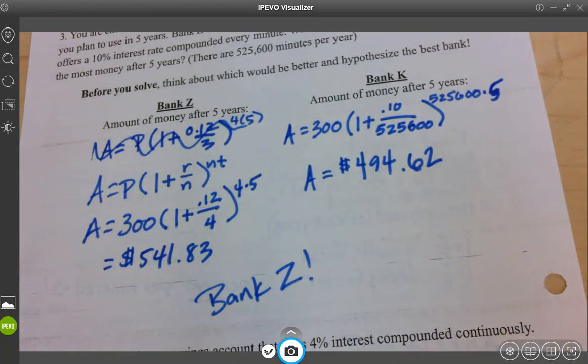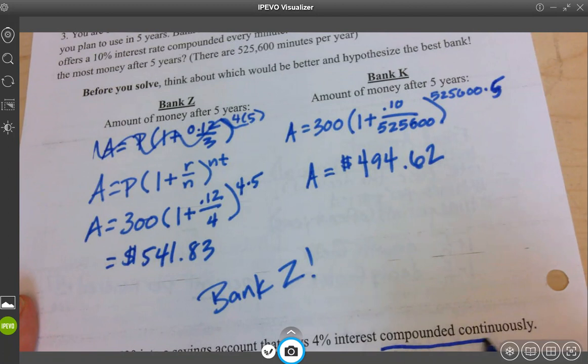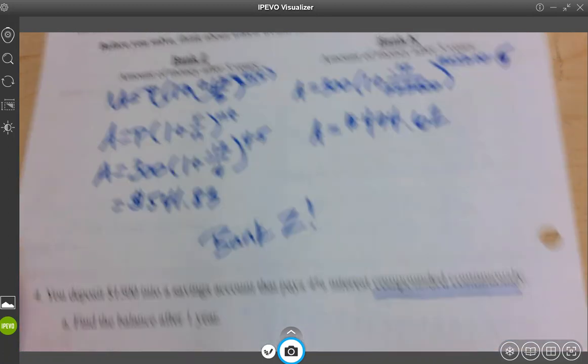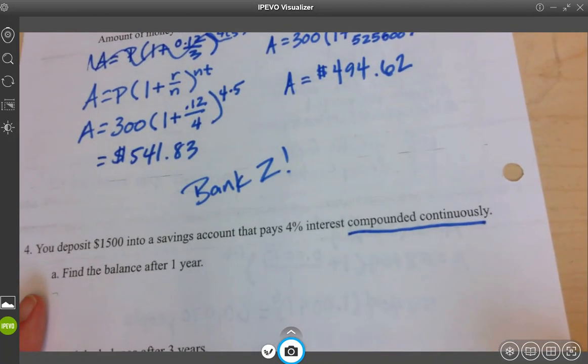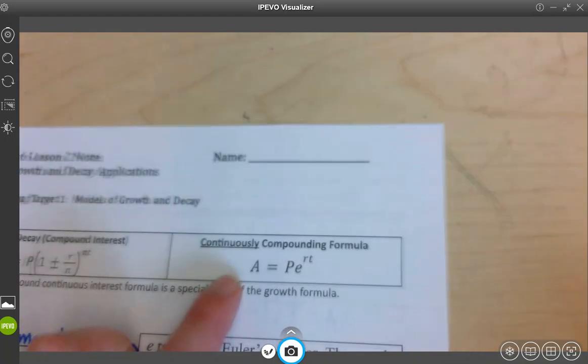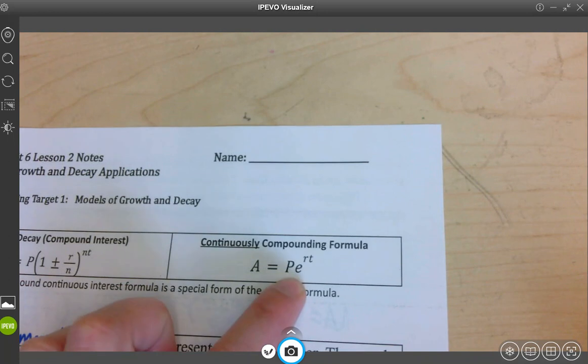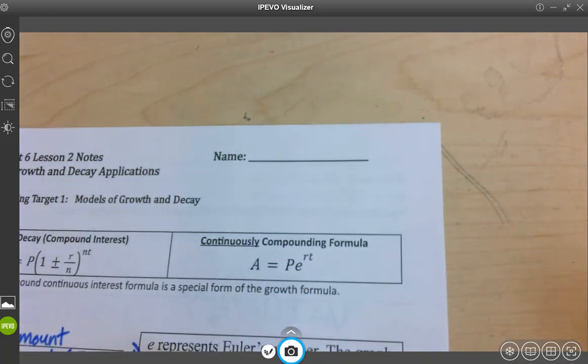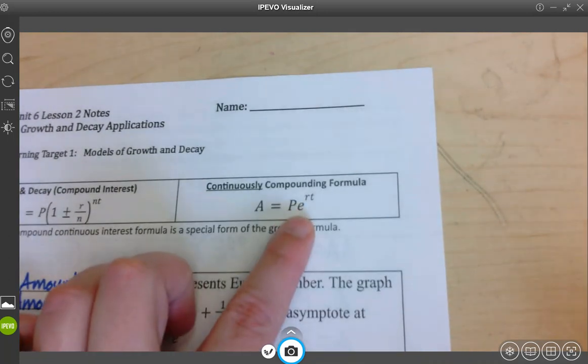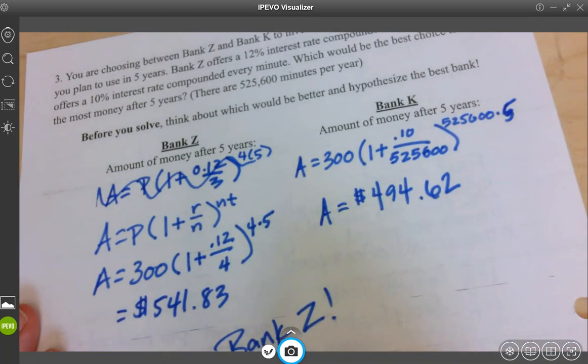All right, did you guys notice these words down here? Compounded continuously. So that means even more often than every second. And so we need a new formula, right? So here we are. A equals P times E to the RT, where E is Euler's number. Let's write the formula.